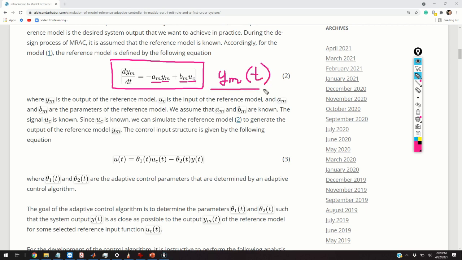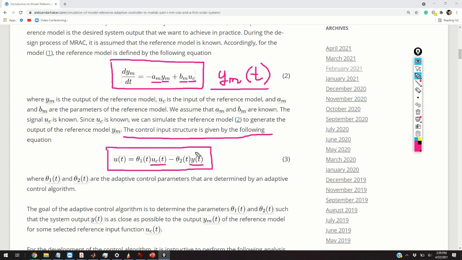And we want to make sure that our plant or its output y follows this signal. Now, the control input structure that achieves this has the following form. We see that the controller takes the input to the reference model, and it takes the output from the plant, so this is the feedback mechanism.